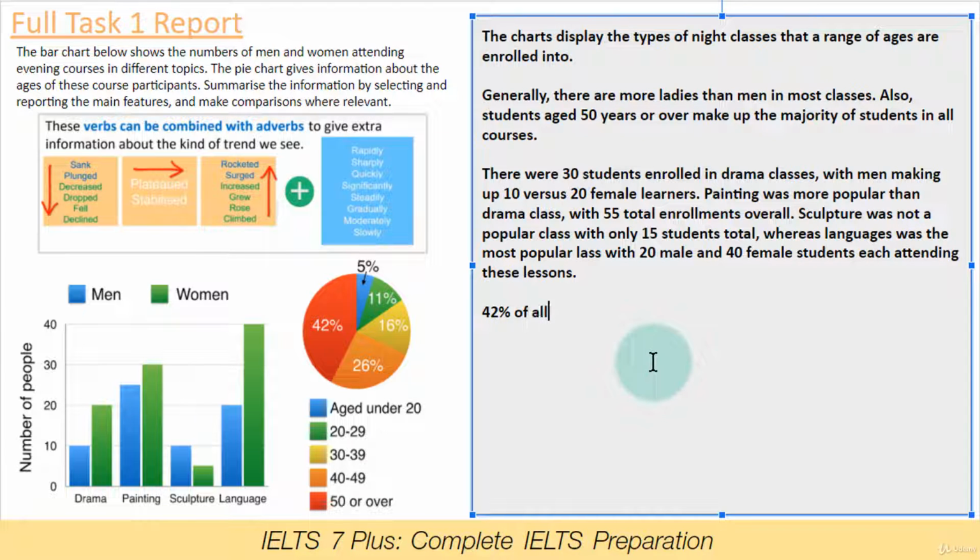42% of all of the student body. That's a nice colloquial piece of language there, the student body, which means just the overall number of students, were aged 50 years or over.